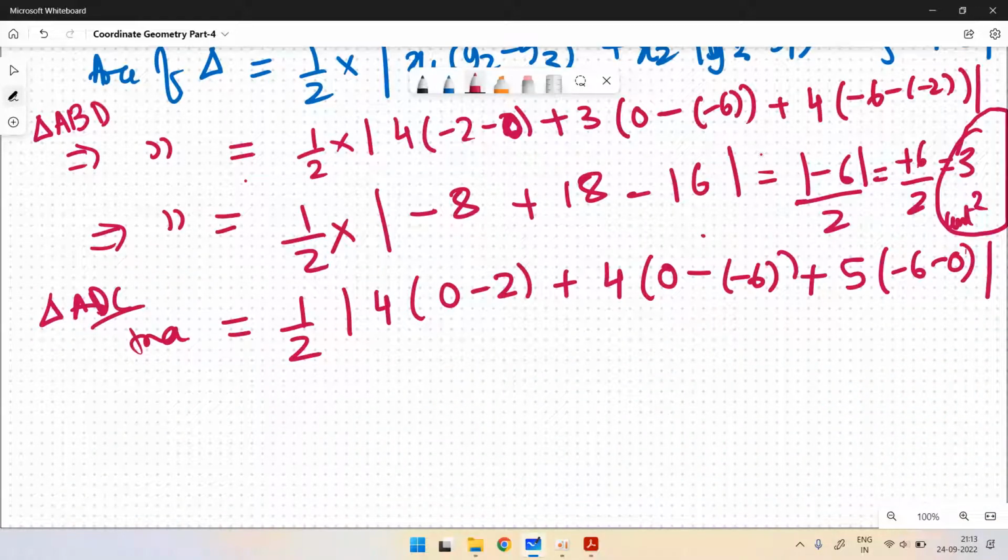If you solve this, this is half of the mod. 0 minus 2 is minus 2, and 4 into minus 2 is minus 8.